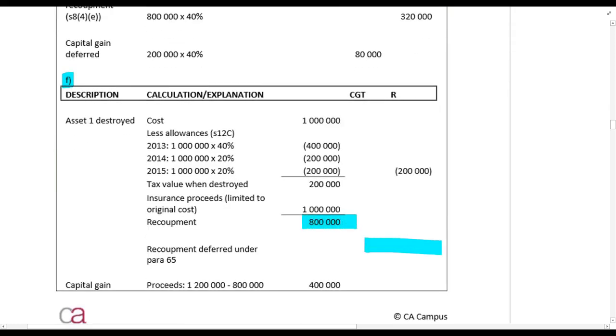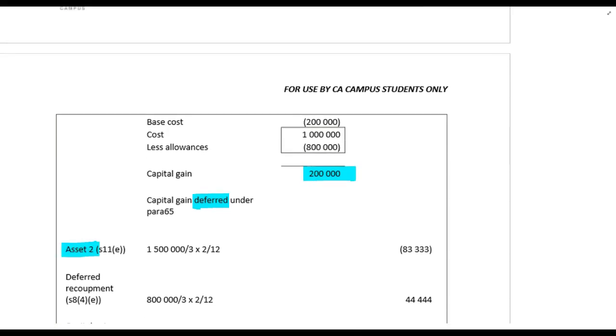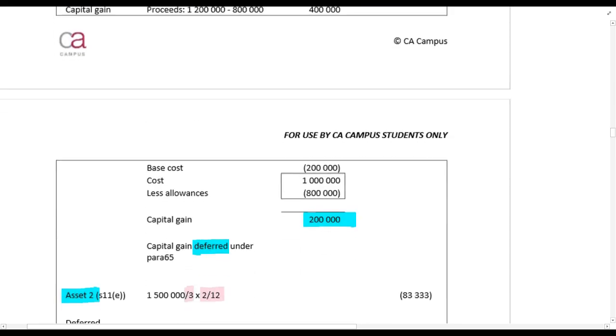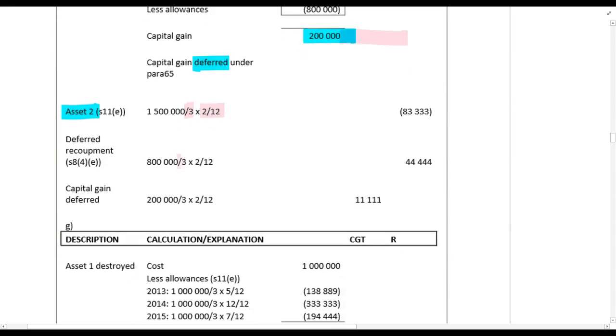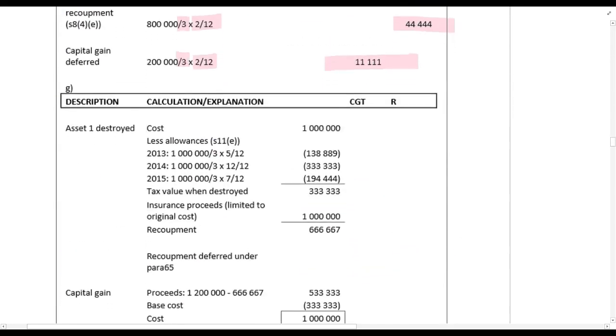See, it is not included because it's deferred. We calculate the capital gain, deferred. Now asset 2 is written off. We divide it by 3 times 2 over 12. So what do we do with our recoupment and our capital gain? We divide it by 3 and we times it by 2 over 12. So you can see, guys, whatever you're doing with the new asset.